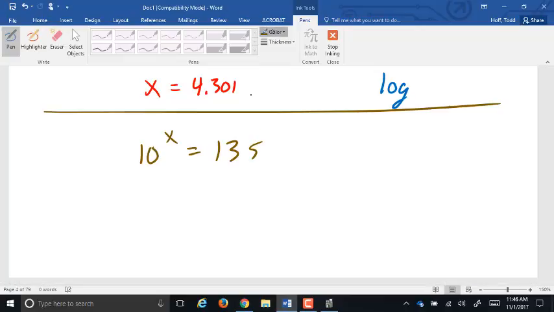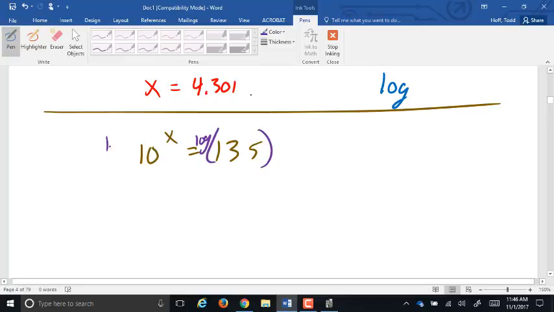What did we do to solve that? You bet. We did log of each side. Of course, that cancels out the 10. X equals, what's the log of 135? 2.130. Perfect. How did I know that it was a 2 before you even started to answer, by the way?